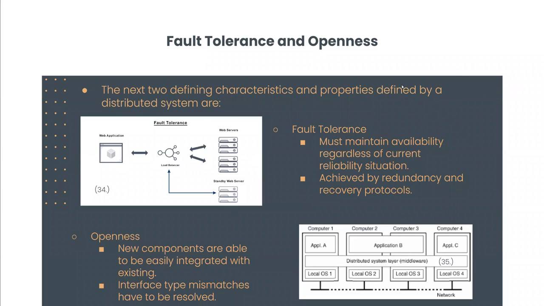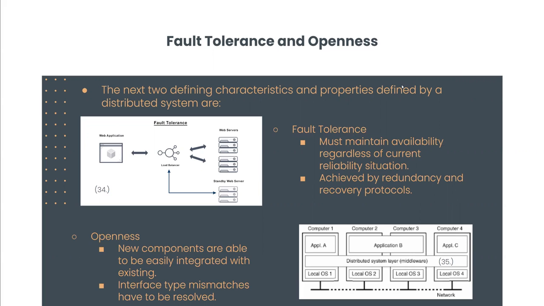The next 2 defining characteristics are fault tolerance and openness. As you can see, fault tolerance on the top left just means that you must maintain availability regardless of the current reliability situation.